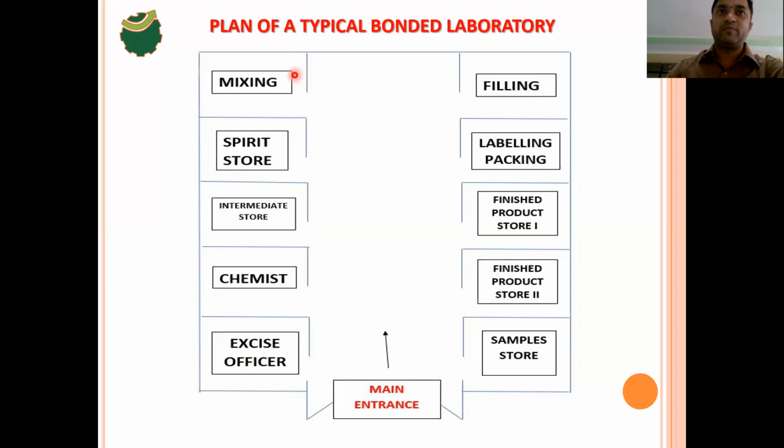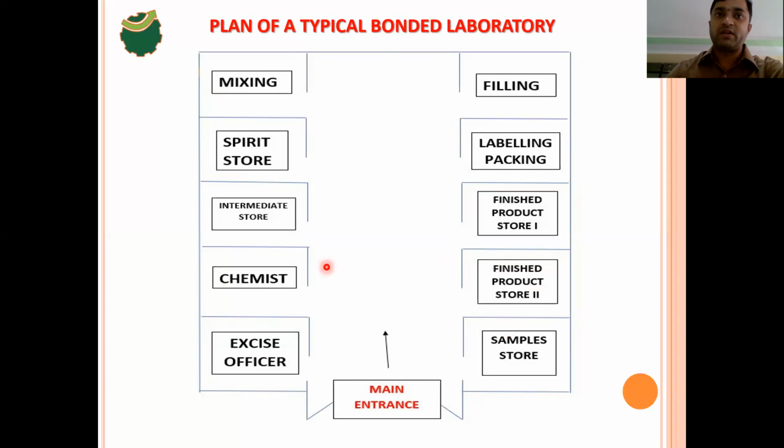Now if you see, there is a mixing room, there is a filling room, there is a separate spirit store room, a separate labeling and packing room, any intermediate products which will be stored in the intermediate store, and finished products will be stored in one and two. That is, medicinal preparations in one room, you can say toilet preparations in one room.